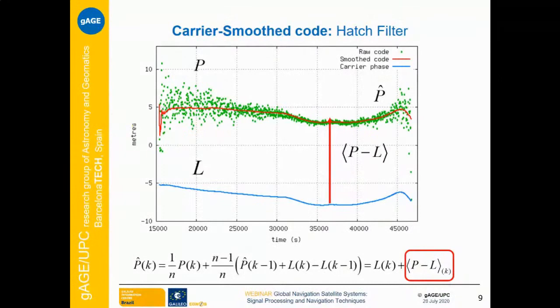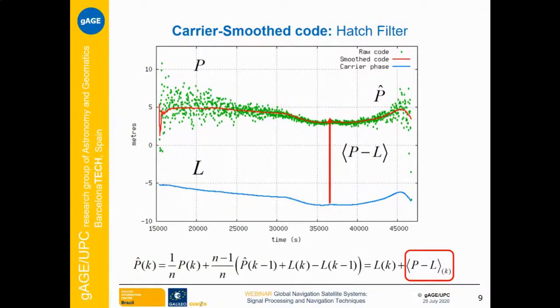They typically present a butterfly effect. And we have the carrier measurements in blue. We can see that they have the same shape, the two plots are parallel, the code and the carrier phase, but the noise is very, very different.